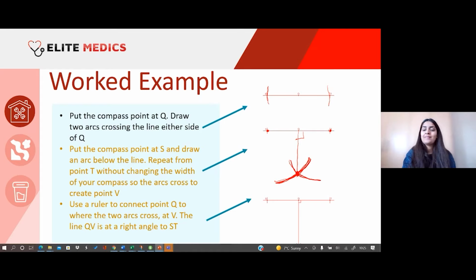Essentially, use a ruler, use a sharp pencil for all of these things, and connect the point Q to the point V. And that is your perpendicular to a particular point on a line.